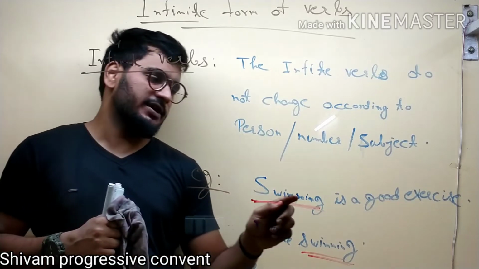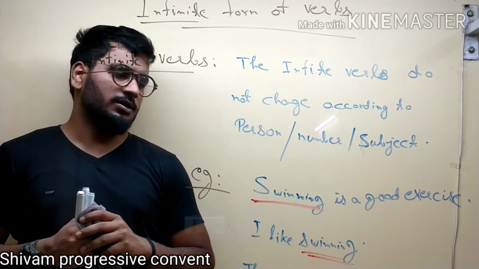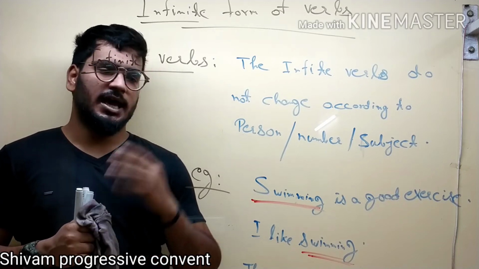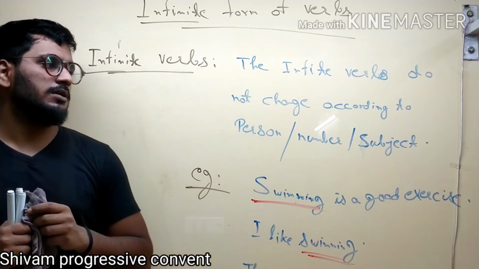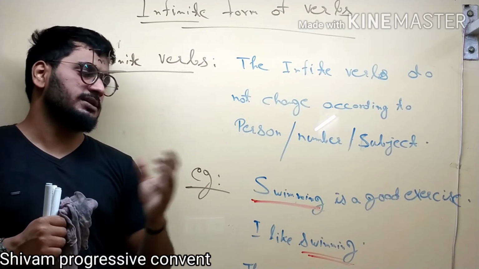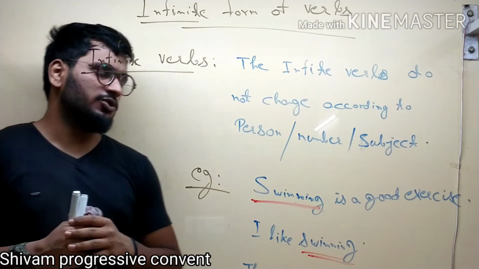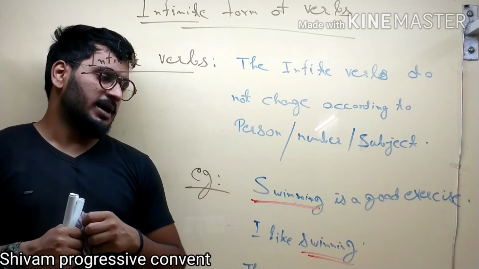If you have any kind of doubt, you can ask on my WhatsApp number, which I will mention in the comment box. To clear this concept very well, you must make your own examples, make more examples by your own.